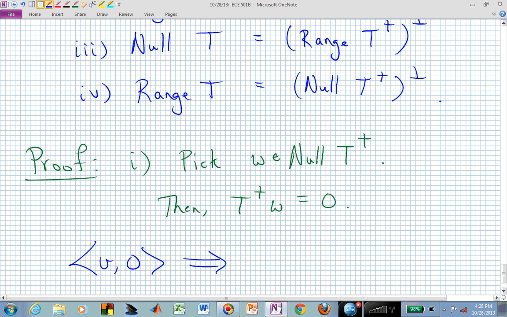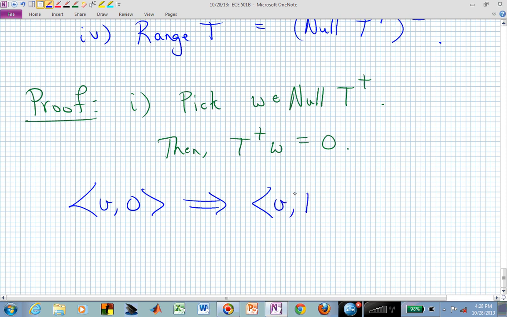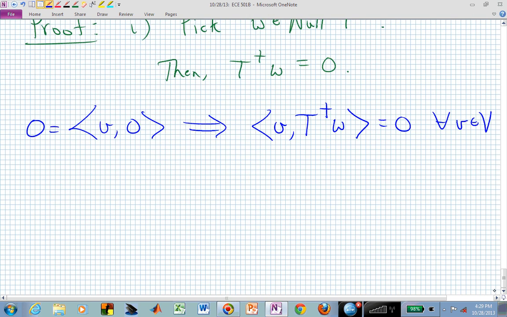We can rewrite the 0 element as T dagger W. So now V inner product with T dagger W equals 0, and that's for all V in our original vector space, capital V. But now what's the definition of the adjoint applied to that last equation?